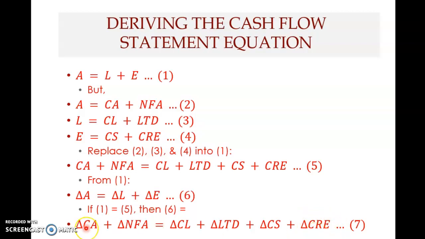Is that okay? So we have not done anything remarkable. We have just followed a very systematic way of developing this equation so far. I hope that is quite clear.